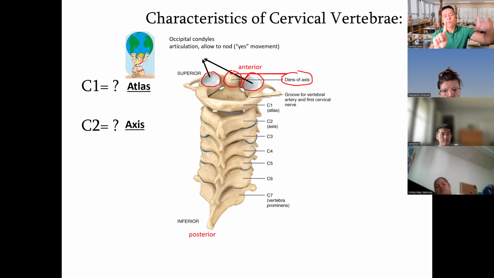What's going to happen is that the C1 will literally fit around the dens of the axis, and that allows us to move our head from side to side. So the no movement that we do with our head is due to that articulation of the C1 with the dens of the axis of the C2.